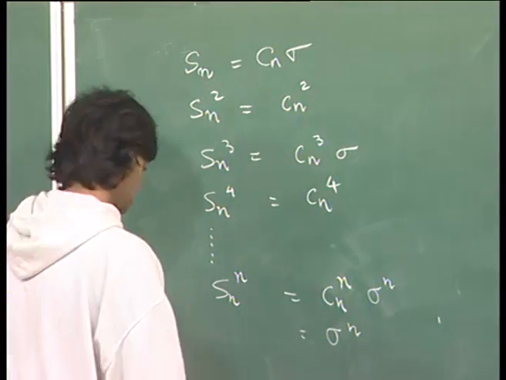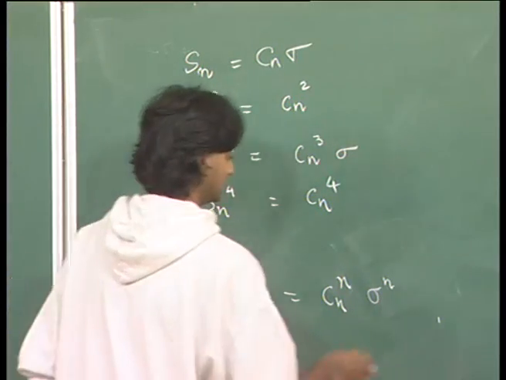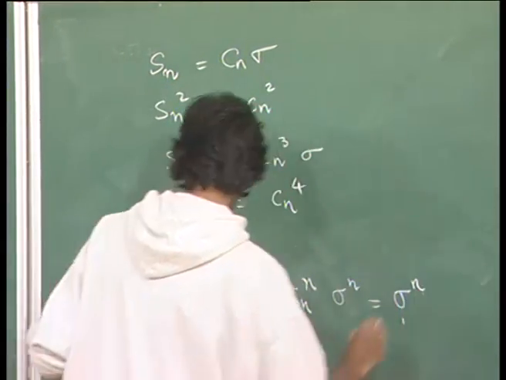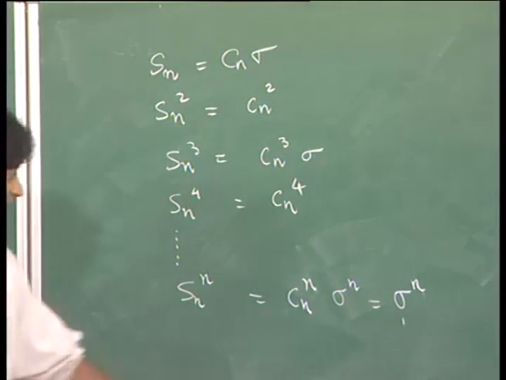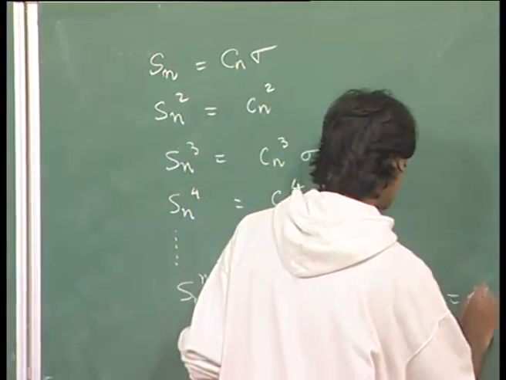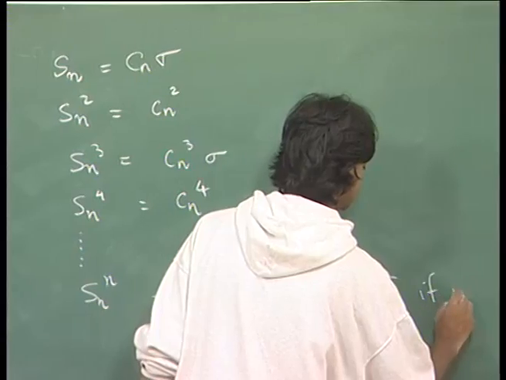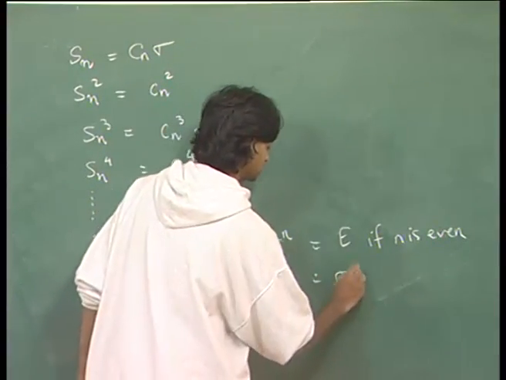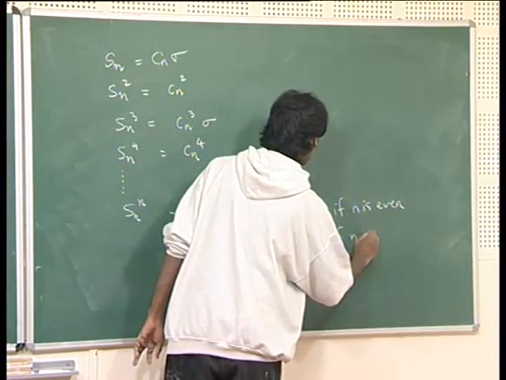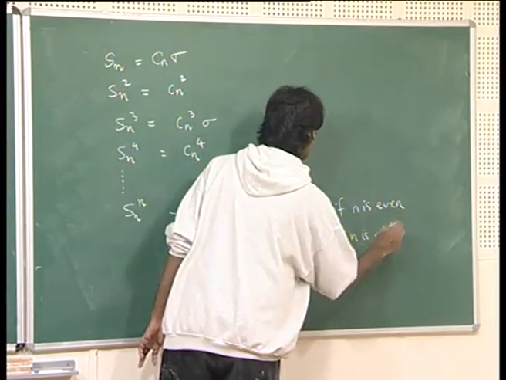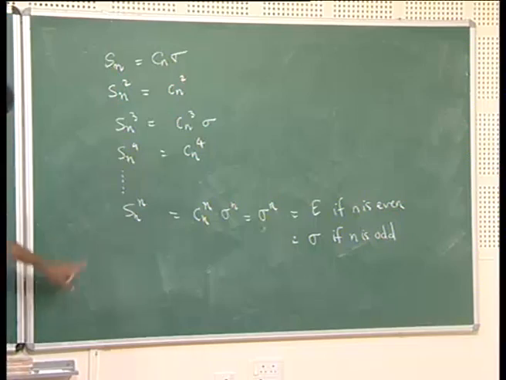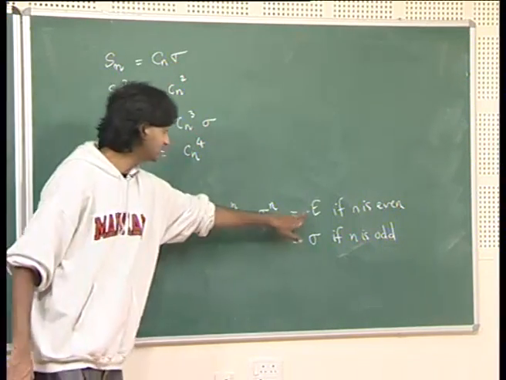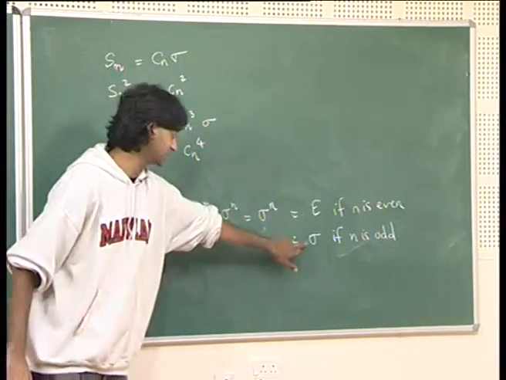Now, sigma raised to n is equal to identity if n is even, and equal to sigma if n is odd. So, Sn raised to n is identity only if n is even, otherwise it is equal to sigma.